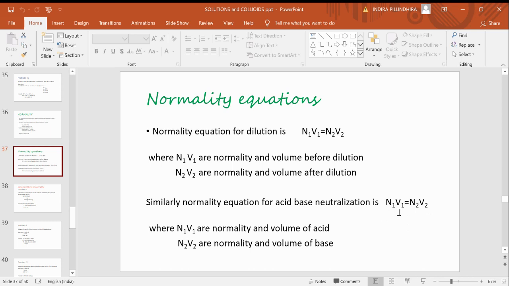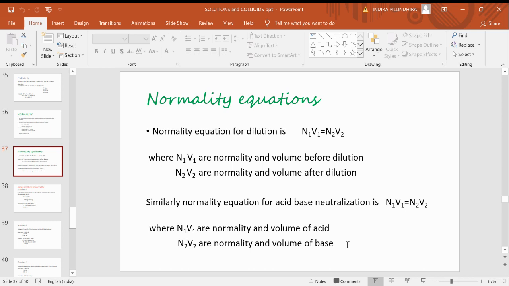Vice versa, we can take the abbreviation in any manner as per our convenience. So N1 and V1 are the normality and volume of the acid, and N2 and V2 are the normality and volume of the base. Till now we have seen what normality is, the expression for normality, and the equations of normality.